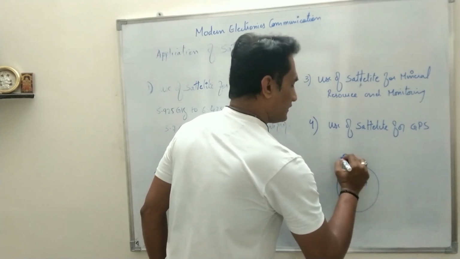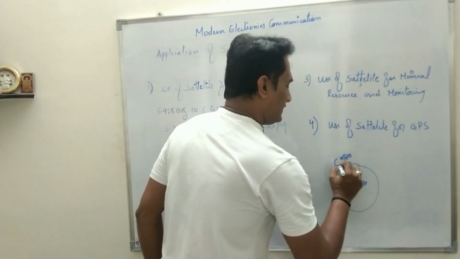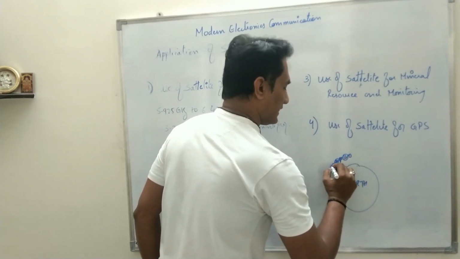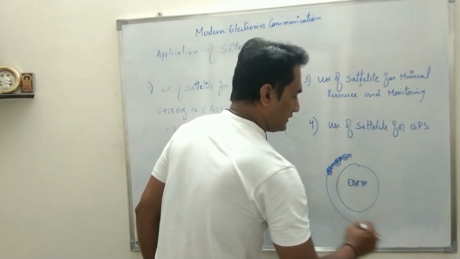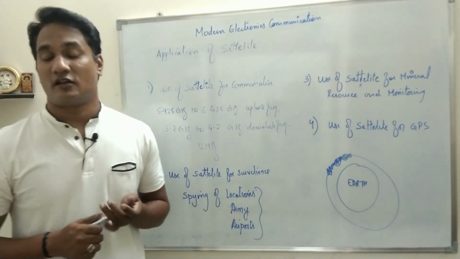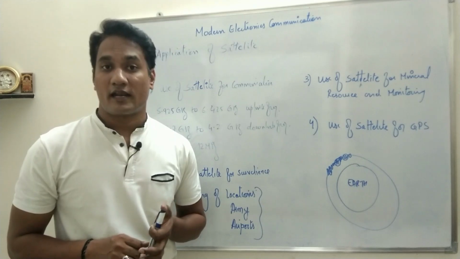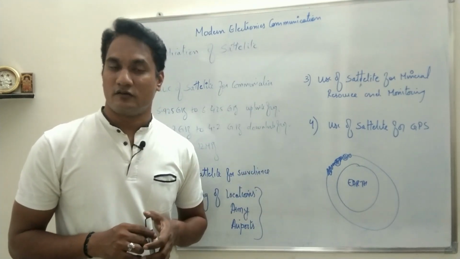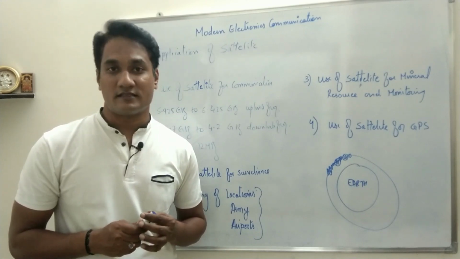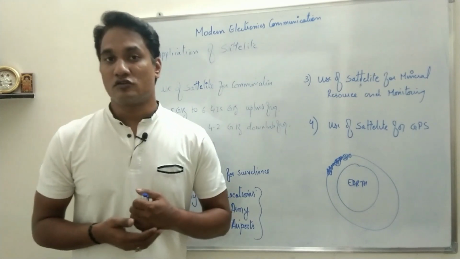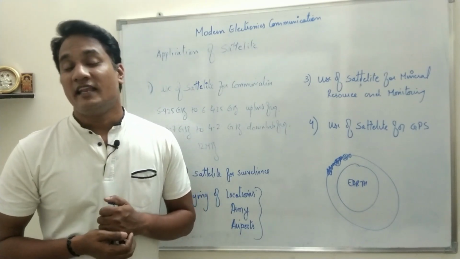There are 24 such satellites placed in orbit around the earth in an overlapping condition. GPS means global positioning system. Nowadays whenever you go out, you just use Google Map. What is the use of Google Map? It is used for navigation.